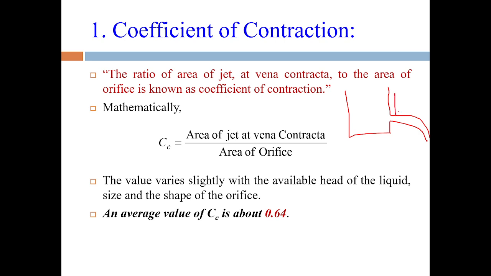So this minimum dia, vena contracta, area of this section to the area of orifice, this is CC, which is known as coefficient of contraction. Its average value is about 0.64. The value varies slightly with the available head of the liquid, and the size and shape of the orifice. So the average value is 0.64.